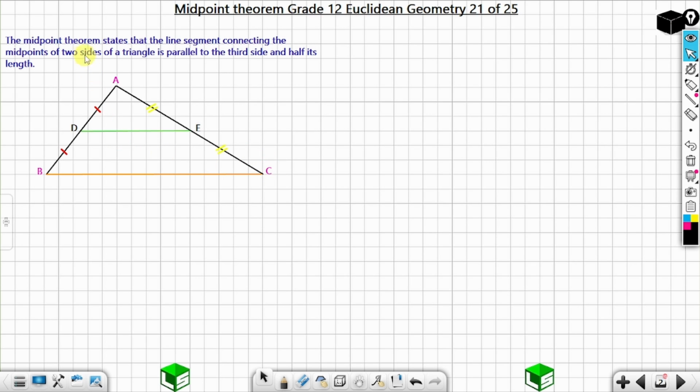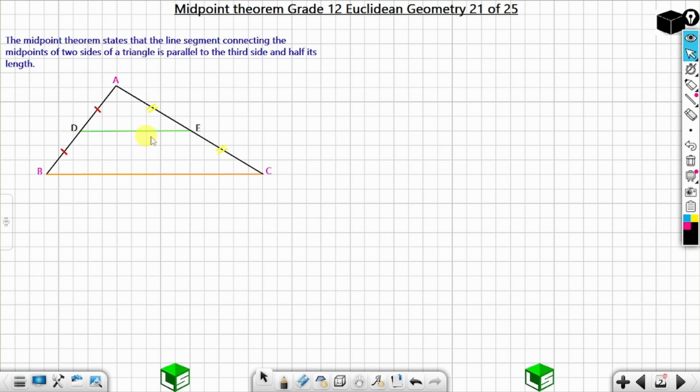If you have a line segment connecting the midpoints of two sides of a triangle, the line is parallel to the third side, parallel to BC in this example, and the line is half its length.